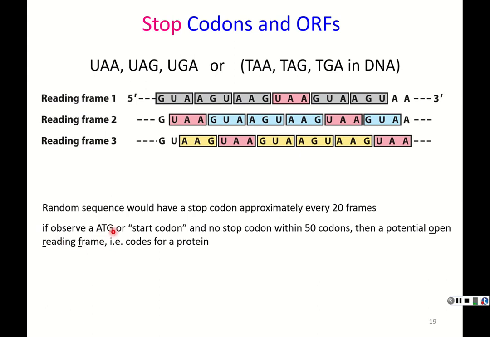If you observe an ATG, or the start codon, and no stop codon within 50 codons, then that's a potential open reading frame, or ORF. ORF is just a fancy way of saying a gene or a piece of DNA that encodes for a protein. So if you ever see ORF, don't be thrown off. It's just a fancy way of saying a sequence that's encoding for a protein.